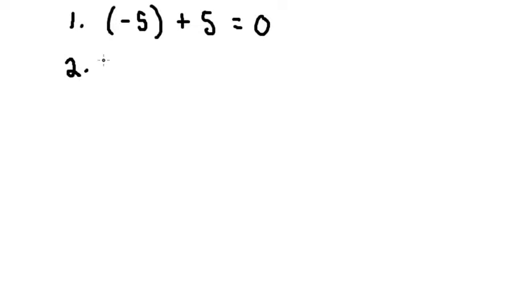Let's just talk about this. -5 plus 5 is an example of a problem where we have the negative of a number plus the number goes to 0. That kind of a problem is the identity property of addition.